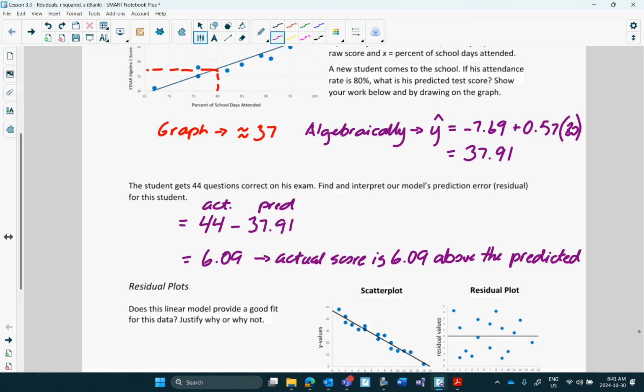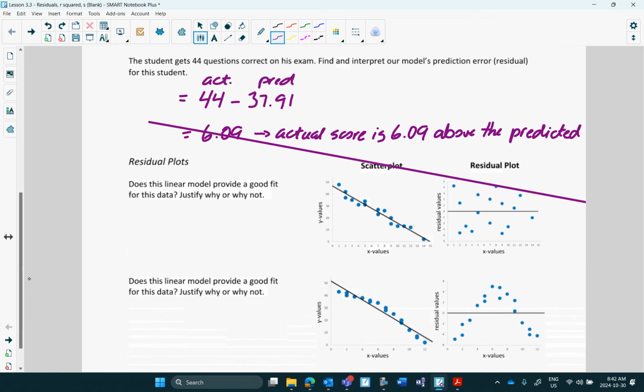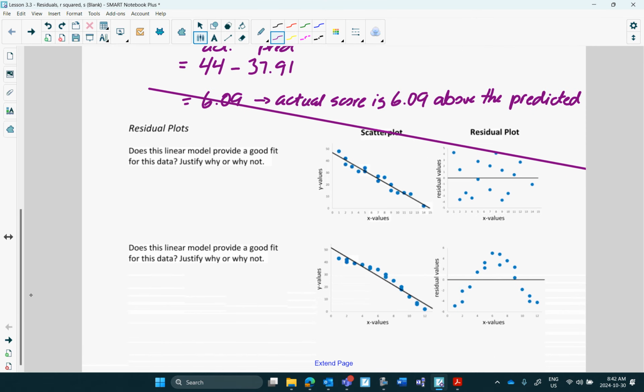Now you can actually graph residuals. They're good to graph because a residual plot will tell us if a line is a good fit for the data in the scatter plot. You can see a couple of examples here where we have X values and Y values.